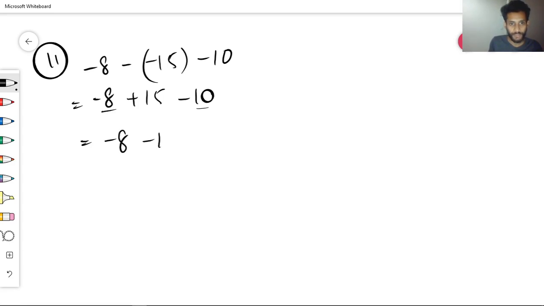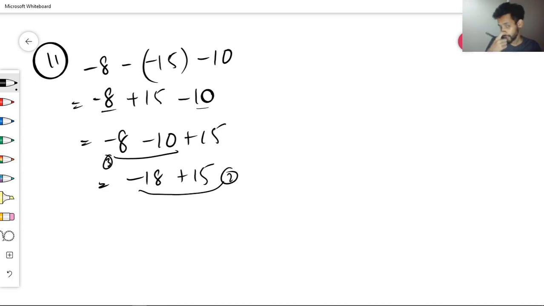Minus 8 minus 10 plus 15. After that, we will add the minuses together, so it will be minus 18 plus 15. Here we are using the third formula. Now here we will be using the second formula. First one is minus, second one is plus, so you have to subtract, minus 3, and the result will be in minus. Why minus? Because this is the bigger one, the bigger one has minus sign. So this is question number 1.